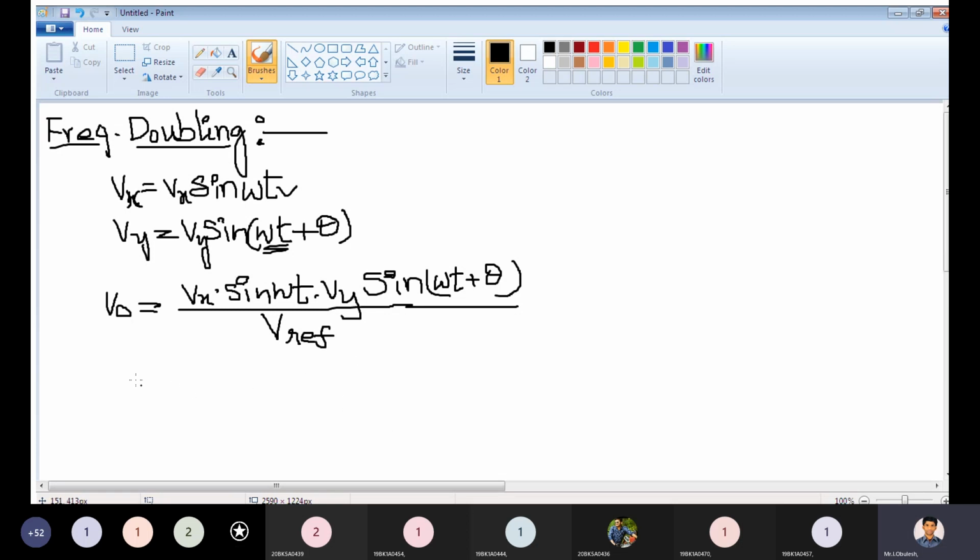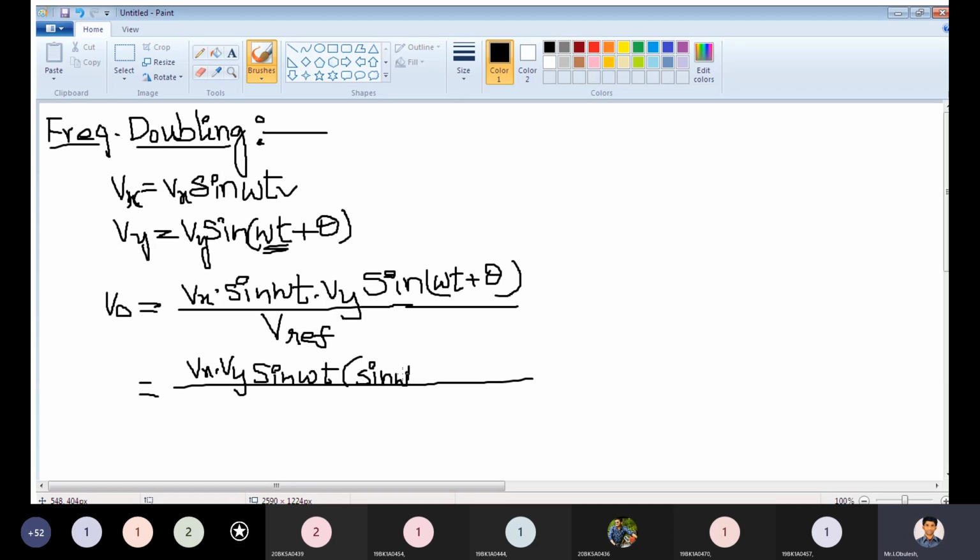Then that equals Vx into Vy into sin omega t into sin omega t cos theta plus cos omega t sin theta.